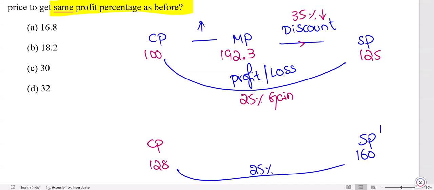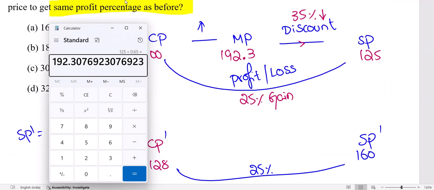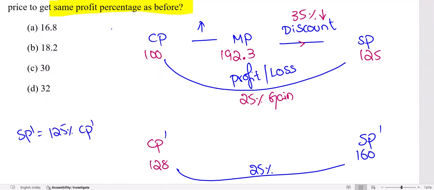So the new selling price is 125% of this new cost price. Why 125%? Because they clearly mentioned we need to maintain the same profit percentage. So 1.25 into 128. There are many ways of doing calculations, or you can use a calculator: 1.25 into 128, you got 160 as the selling price.